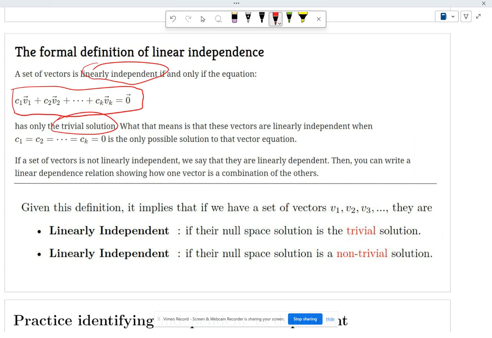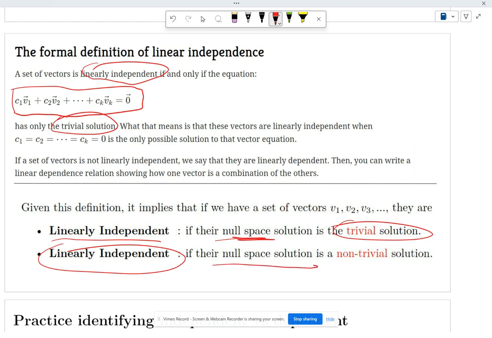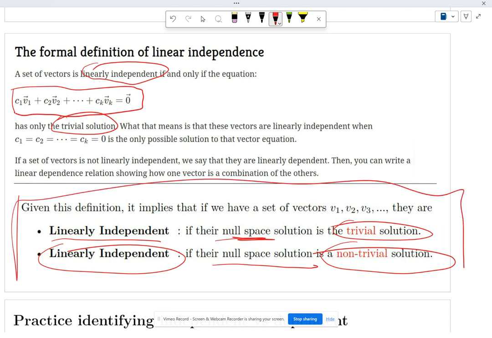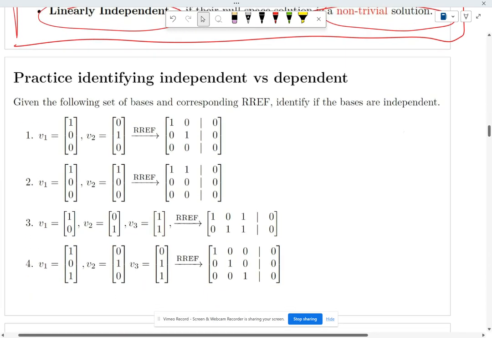And there are multiple kinds, the trivial and the non-trivial solution. In summary, linearly independent is if the null space solution is only the trivial solution. Linearly dependent is if the null space has a non-trivial solution. So this you will have to remember. This is definitely going to be on the exam. Very, very important.